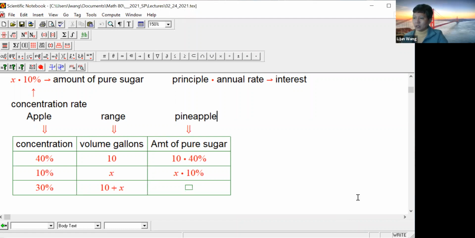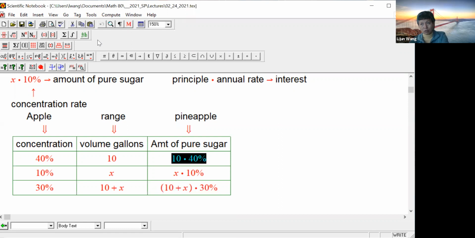All right. So now how much pure sugar would this be? Well, we have the total volume, 10 plus X, multiply the concentration. Okay, the amount of pure sugar in the 2 containers mixed up, we put them together. So before we put them together and after we put them together, the amount of pure sugar should be the same.